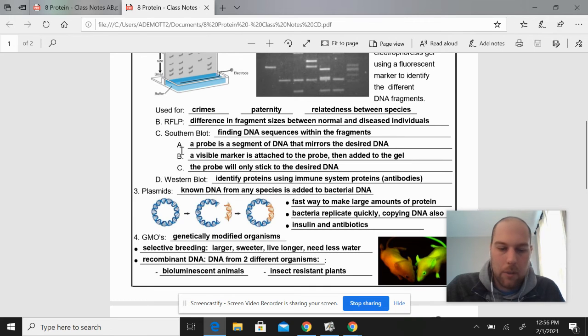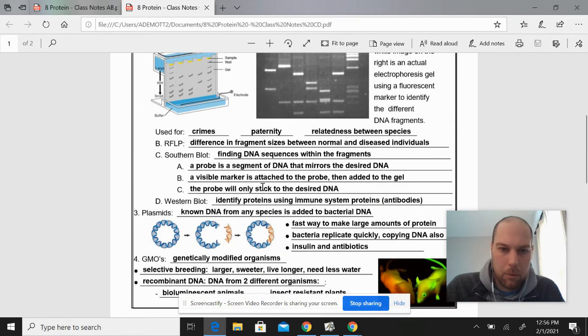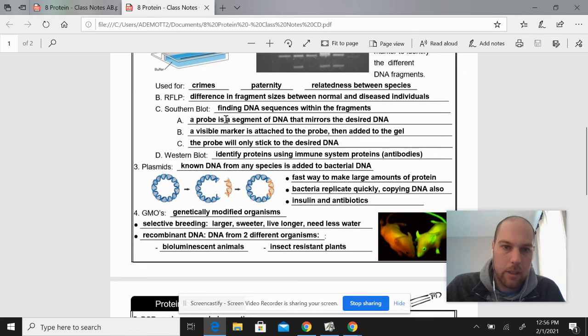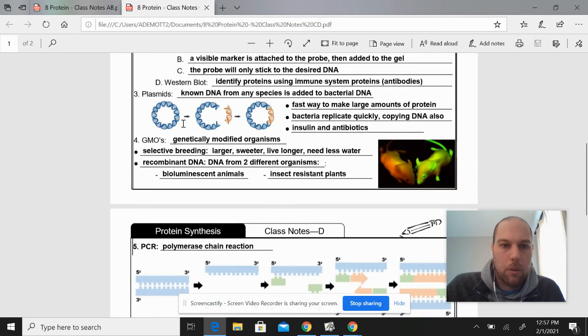RFLP, Southern blot, Western blot, those are just different uses inside of electrophoresis. You can read through them. It's not necessarily important. It's just different variations inside of there and different uses for them.